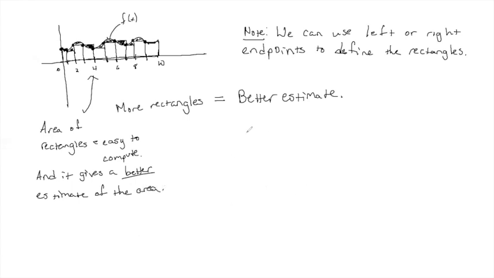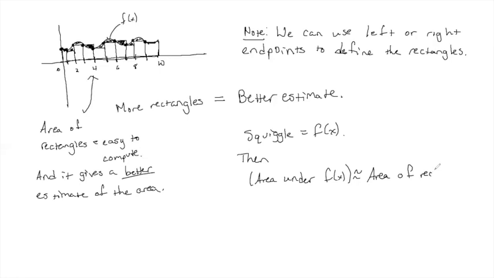Okay, so if we let the squiggle equal f of x, then the area under, not of, under f of x is approximately the area of the rectangles. And that is exactly equal to, I should write this a little bit more clearly.